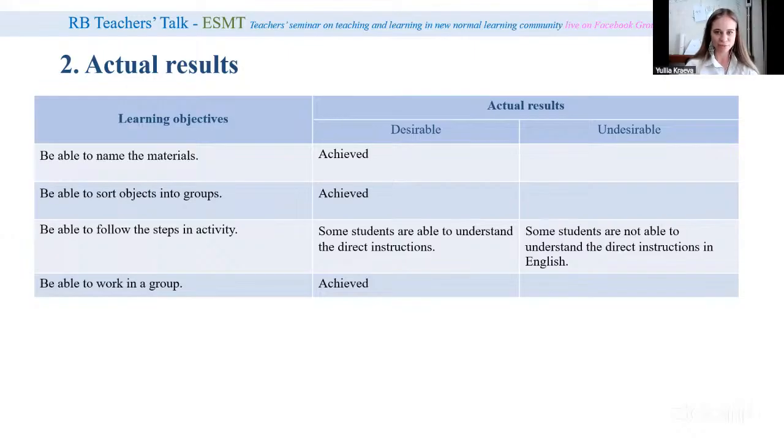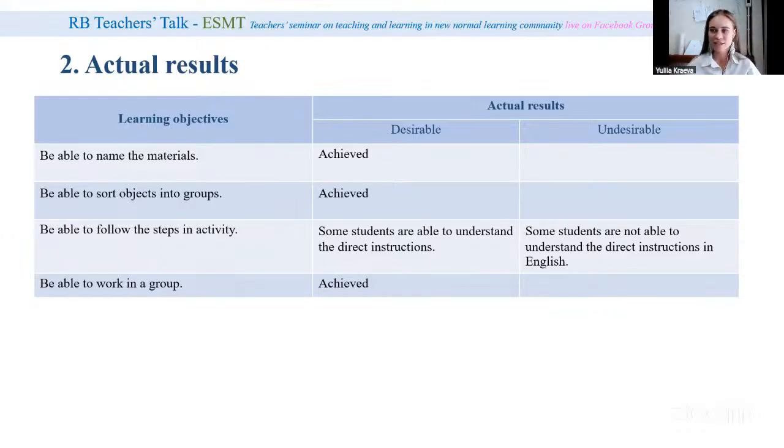Here's the problem: some students are not able to understand the direct instructions in English. They don't know English. This is the biggest problem. The English level in each class is such that only 40% can understand direct instructions, like sit down or choose your partner or talk to teacher. That's why it was really hard.